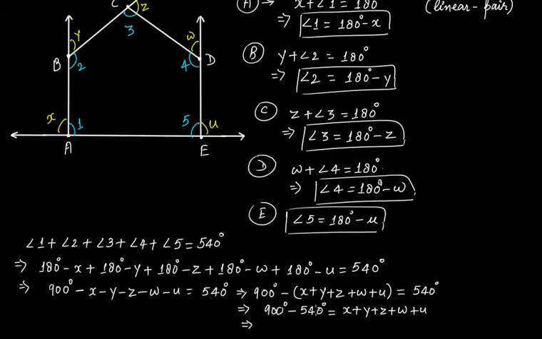If you solve this, x plus y plus z plus w plus u is equal to 360 degrees. That is, the sum of the external angles of the pentagon is equal to 360 degrees.